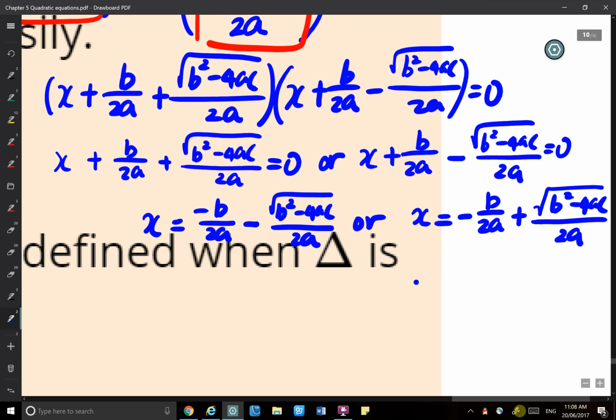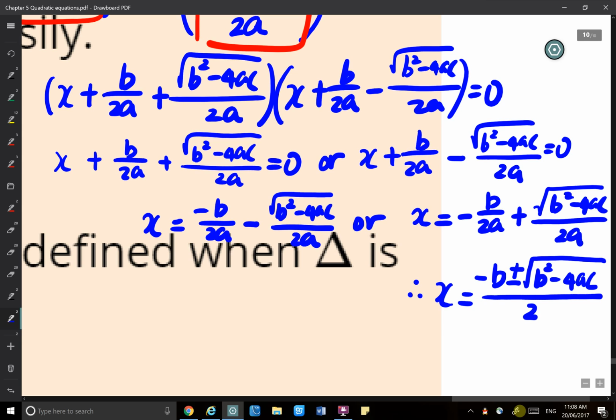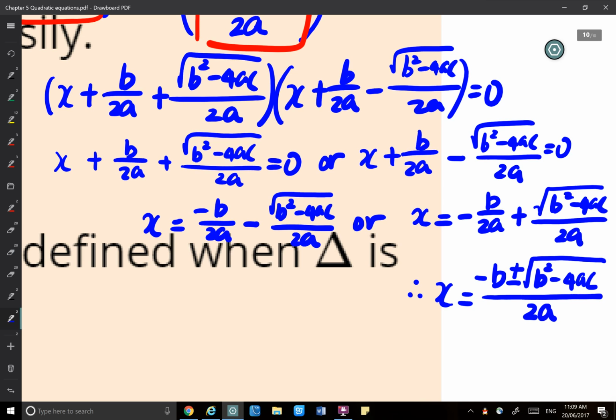So overall, I can write x equals minus b plus or minus the square root of b squared minus 4ac over 2a. The denominator is the same, 2a and 2a. You have minus b minus that, minus b plus that.